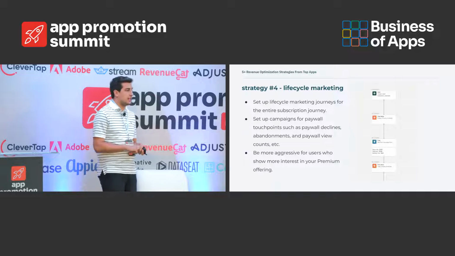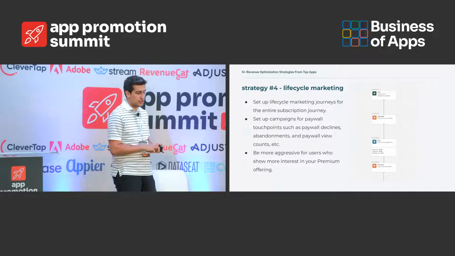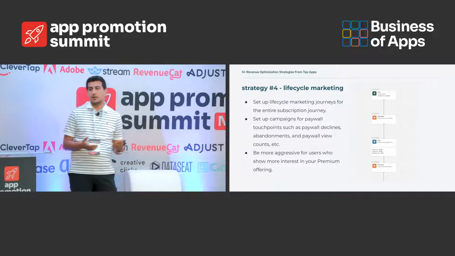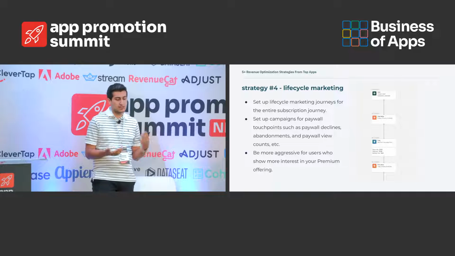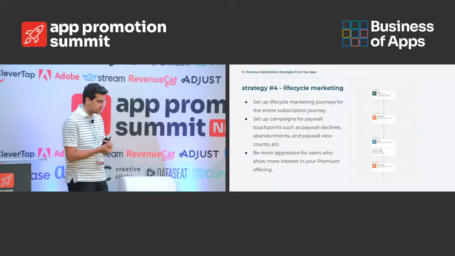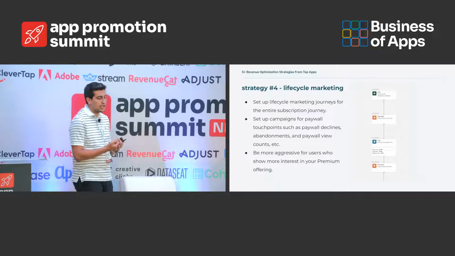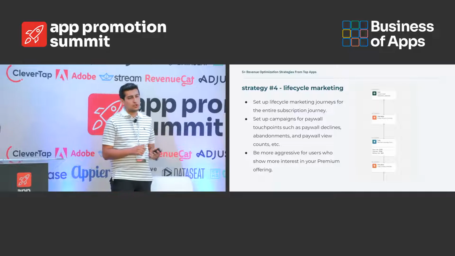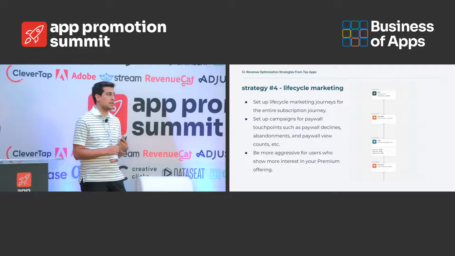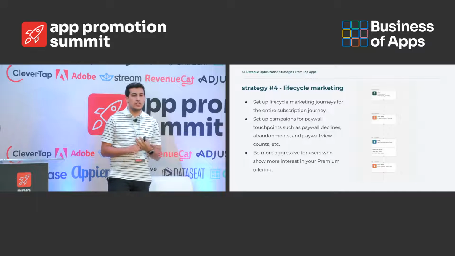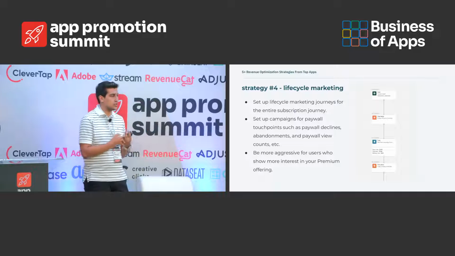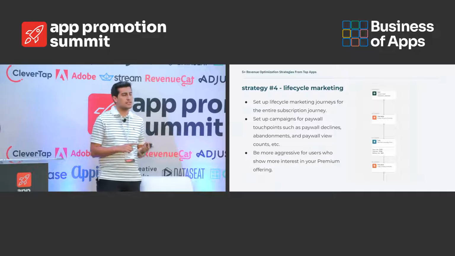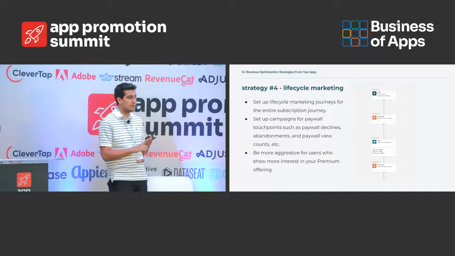And another very underused strategy is lifecycle marketing. Lifecycle marketing is almost the same as CRM, when you send a lot of communication to your users based on what stage they are at with your product. You can create a lot of sequences, which include different marketing channels like push notifications, email, and in-app messages.